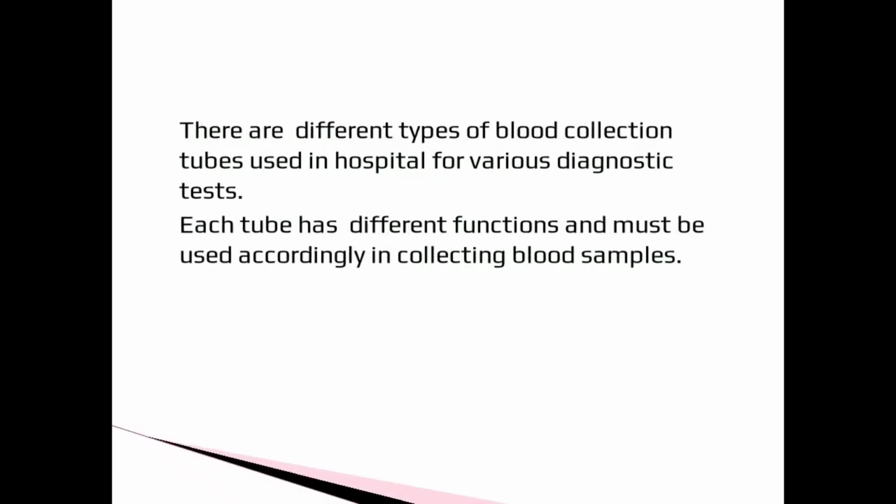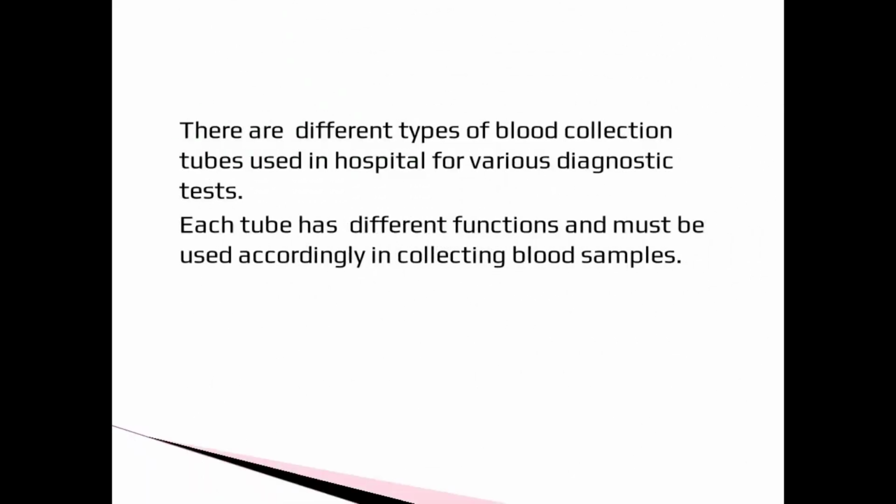There are different types of blood collection test tubes available in hospitals for various diagnostic tests. Most of the blood collection test tubes contain an additive that either accelerates clotting of the blood or prevents the blood from clotting.